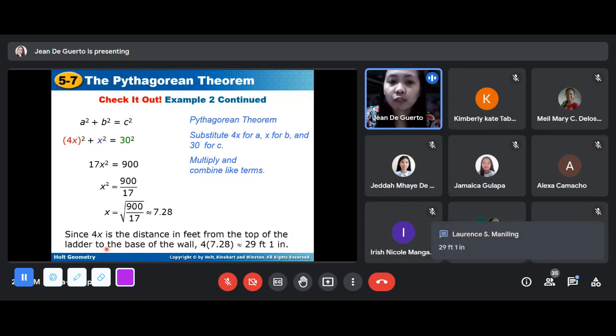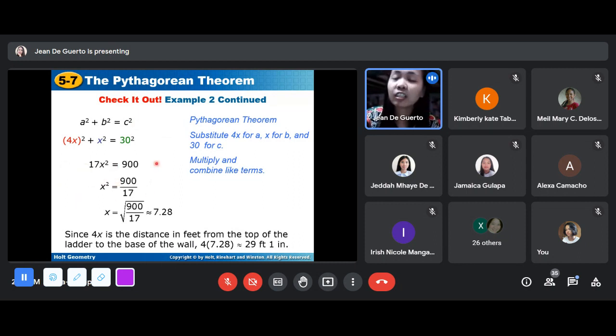Okay, so since 4x is the distance in feet from top of the ladder to the base of the wall, okay, so 4x. So 4 times 7.28, so we have 29 feet and 1 inches. Kasi yung 4:1 kanina na binigay na ratio, that is the ratio of the leg, okay, in inches.